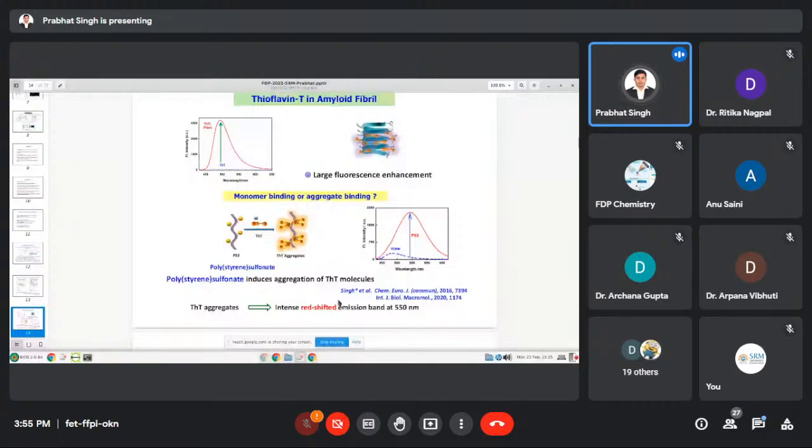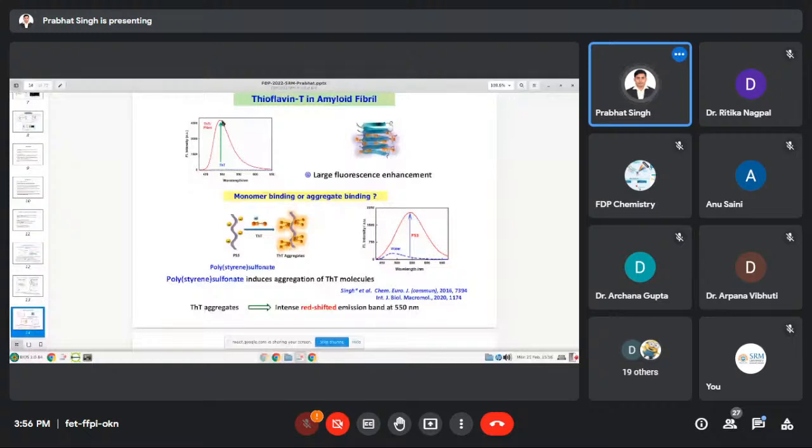And we tested with several other systems where aggregation would supposedly have taken place, and we realized that in all these systems where aggregation was supposedly forming, we see a distinct emission band at 550 nanometer. So that tells us very clearly that in the fibril the band is not at 550, it is at 490 nanometer, and that is why this molecule has to bind to the monomer form in the fibrillar matrix.